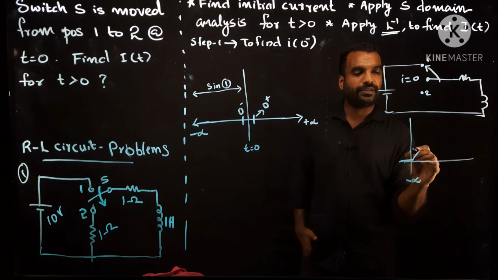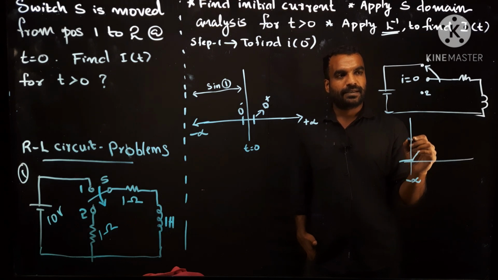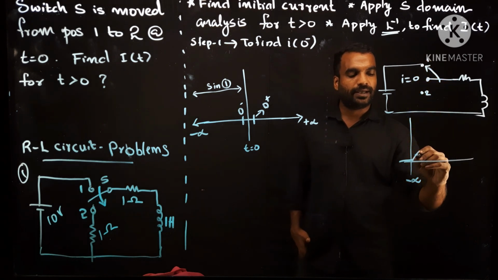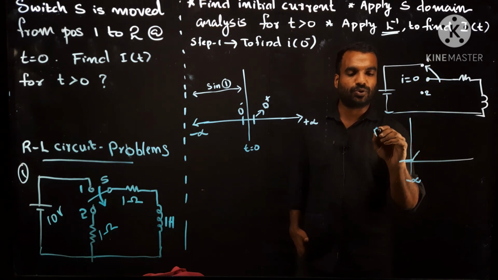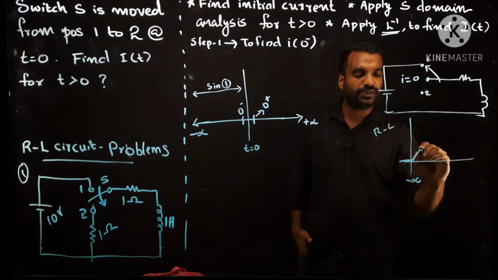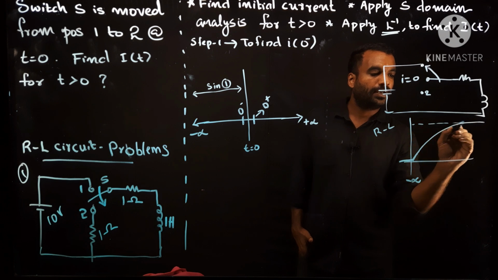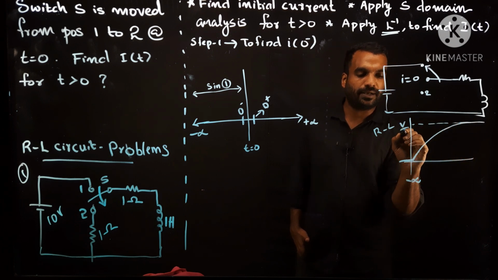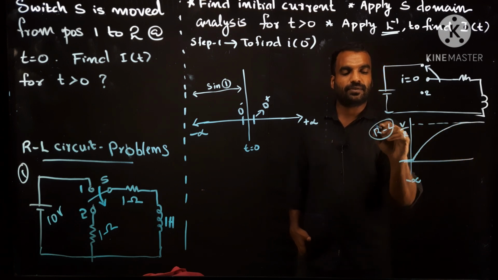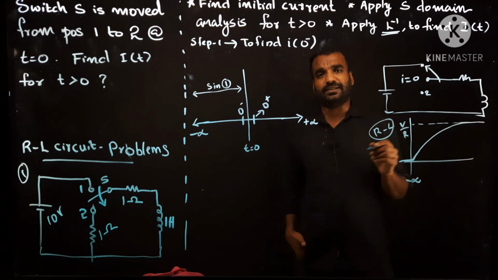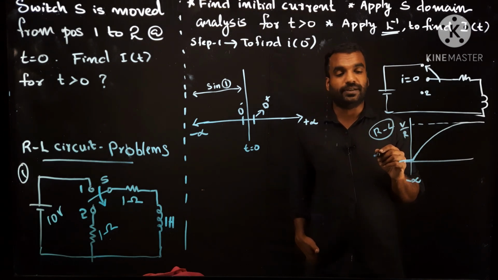And from negative infinity, then the switch is connected to position 1, and based on RL circuit knowledge, you know that the current gradually increases to some steady value. And this value is V by R. Such things were in our previous lecture, lecture number 16, not lecture number 15.